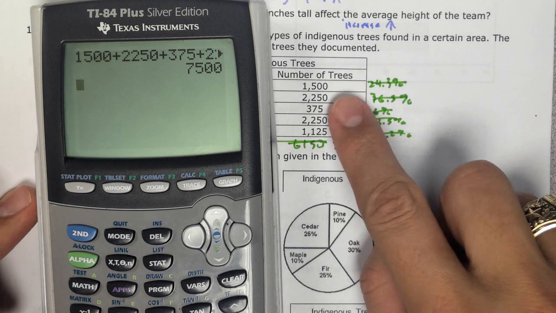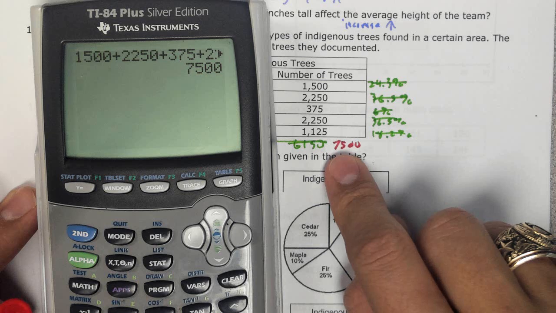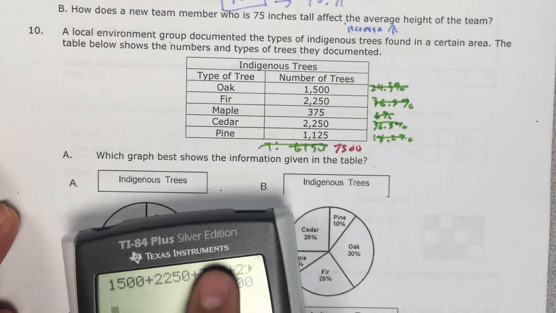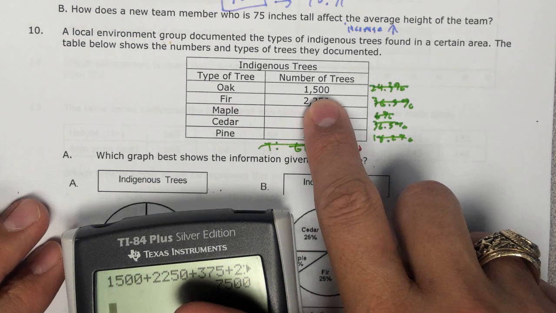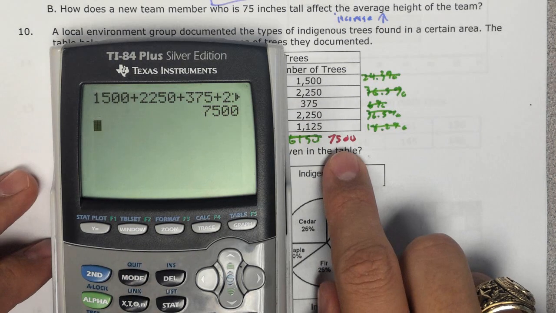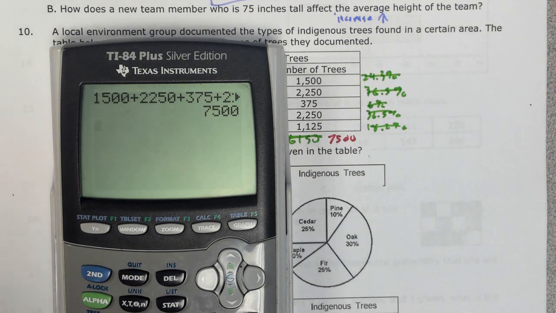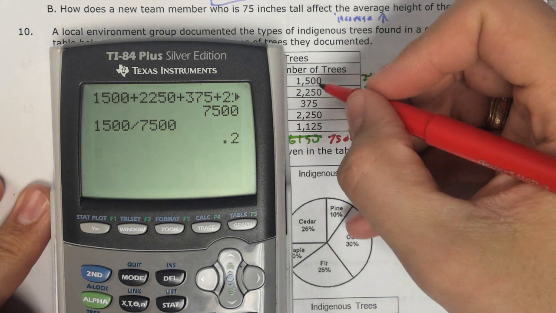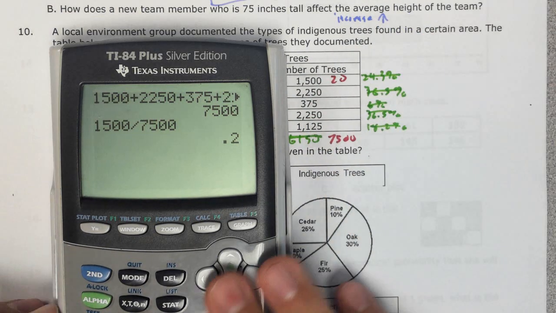Now to find the percents, so my total is 7,500, I have to divide the number of trees of that type, for example 1,500 oak trees, by the 7,500 total. So I'm going to do 1,500 divided by 7,500, and that's going to get me 0.2, which is actually 20%.